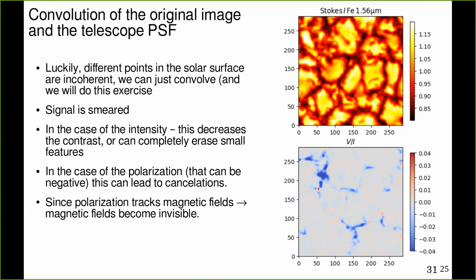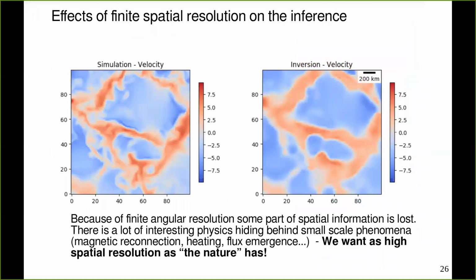If I have positive circular polarization in one point and negative in the nearby point, and the angular resolution of my telescope is very poor, so it can't resolve these 2 points, it's simply going to add these 2 things together and completely erase any signal. So even though I had magnetic field, both positive and negative here, what my telescope sees is no magnetic field. And a positive and a negative star. Yeah, exactly. It's like a positive and negative star, yeah.